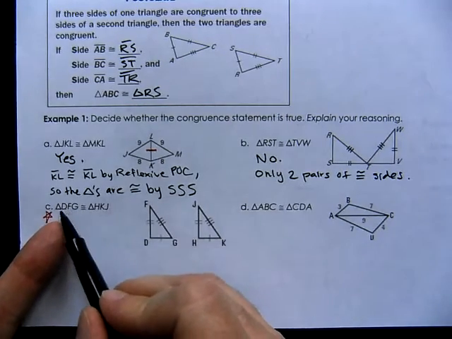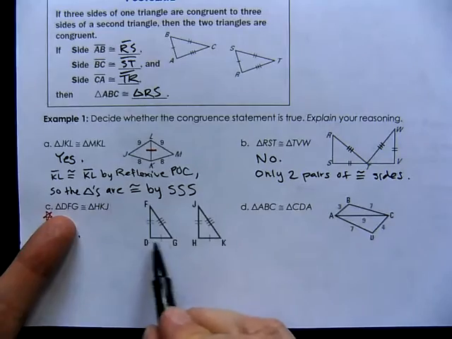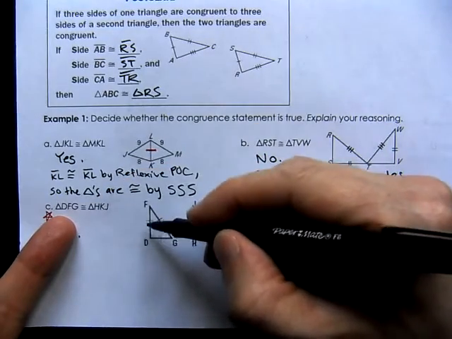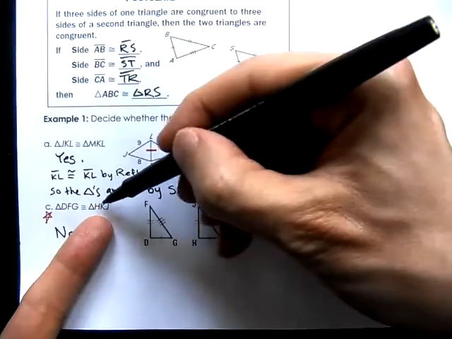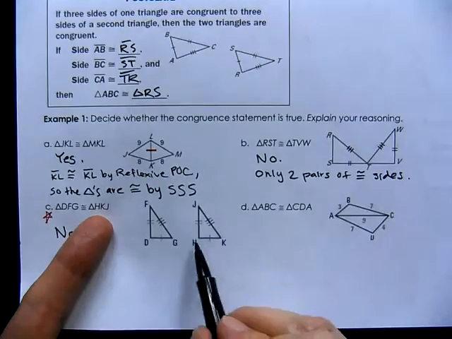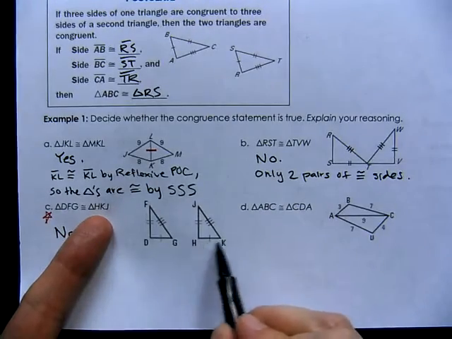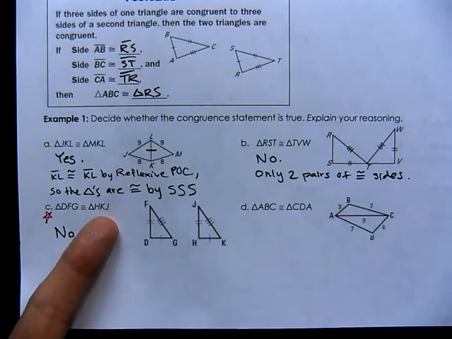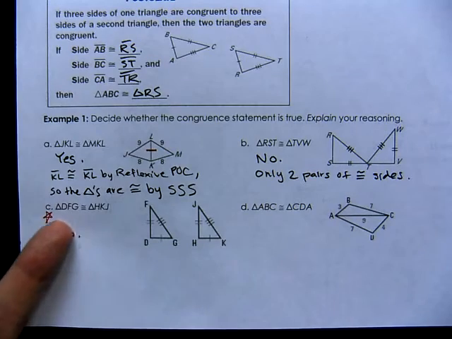The first 2 letters here are D and F, which is on the left-hand side with the double tick mark. That should match up with H and K. Wait, that's on the bottom with the single tick mark. So in other words, what we see here is that this congruent statement is not written correctly.